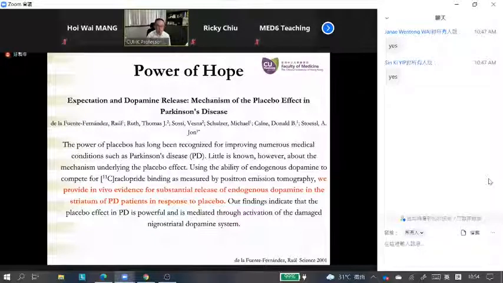Even for subjects who receive placebo, if the subject believes that the placebo is a good drug, it will induce release of dopamine, captured by PET imaging. Okay, so my point is, if you give hope to Parkinson's patients, remember, give hope to the patient. The patient may feel happy, and if the patient feels happy, the patient's symptoms will improve.